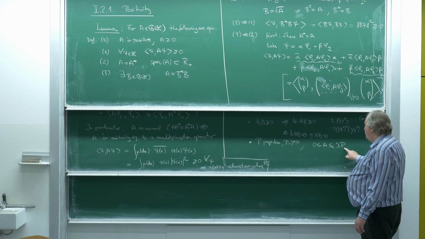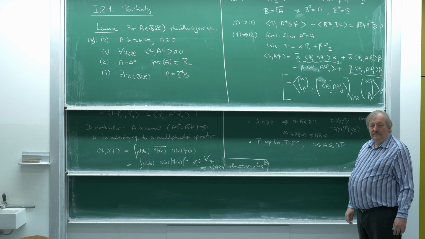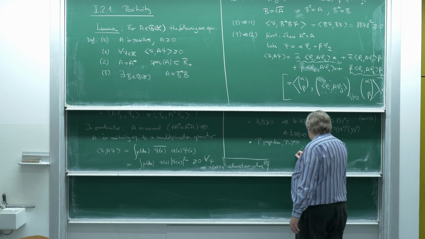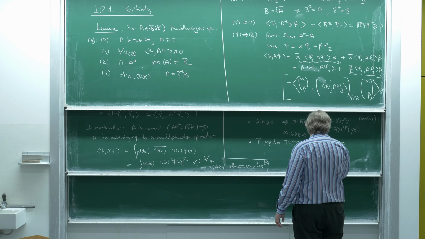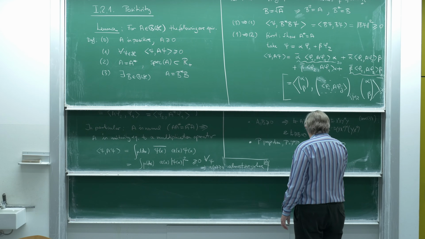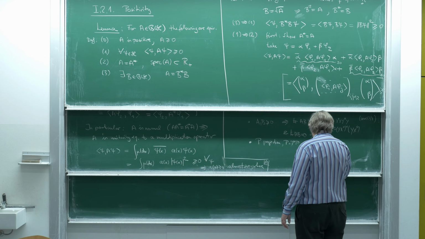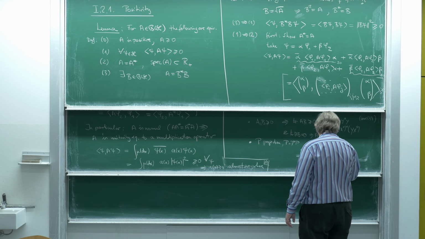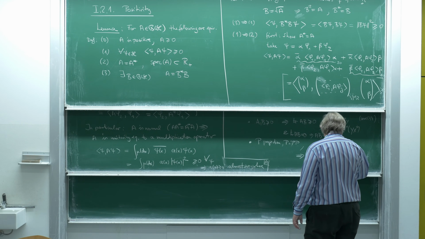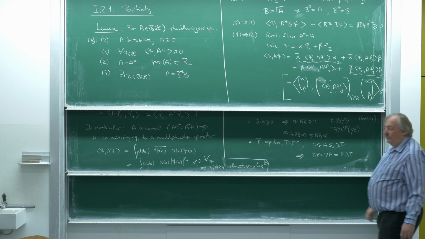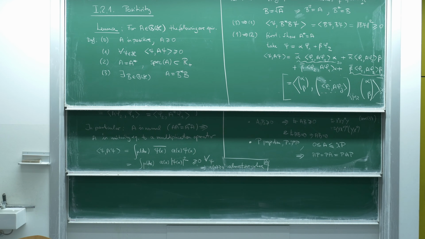So if we have this kind of inequality, then it follows that AP is equal to PA is equal to PAP. Well, the last one follows from the first two, and the second follows from the first by taking adjoints.